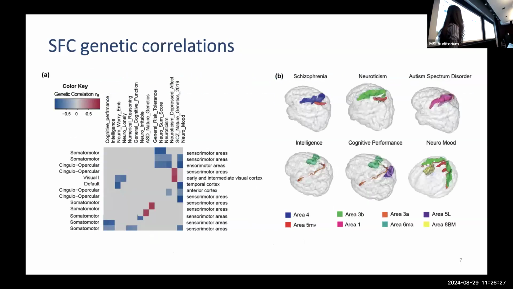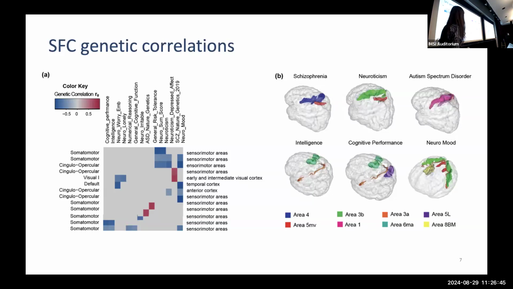And for the genetic correlation part, given we do have the GWAS results, we can do genetic correlation within our traits and with other imaging traits, as well as other complex traits. As we can see, we did identify lots of significant genetic correlations.